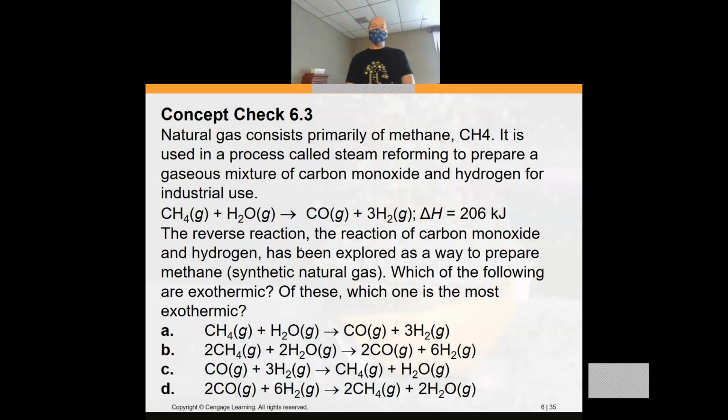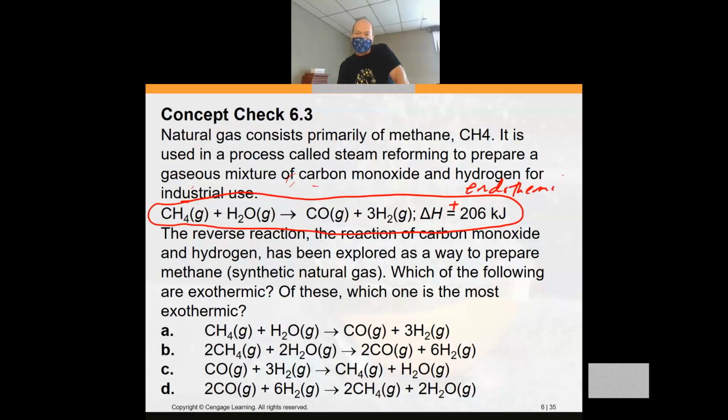So here is a thermochemical reaction. It is a balanced chemical reaction, and it gives you the delta H. The delta H is positive. If it's positive, they don't put a plus there; it is understood that it is positive. If it's negative, they must put the negative. When your delta H is positive, that means you are endothermic. So this is an endothermic reaction.